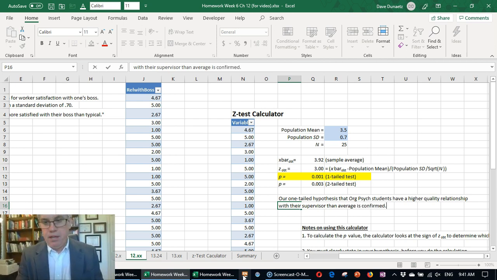Okay, so we've made a general statement saying that our hypothesis was confirmed.